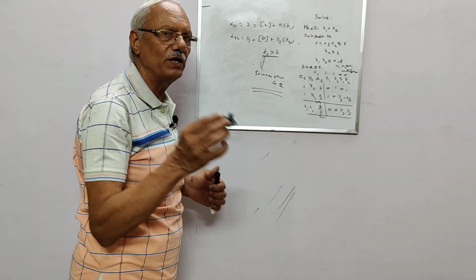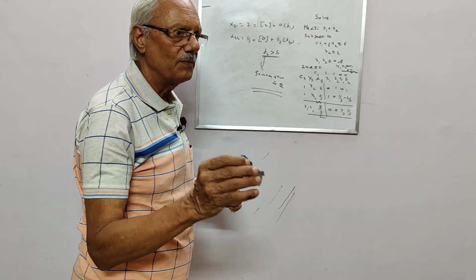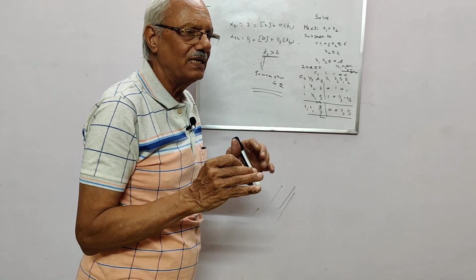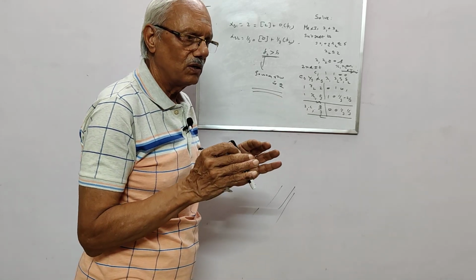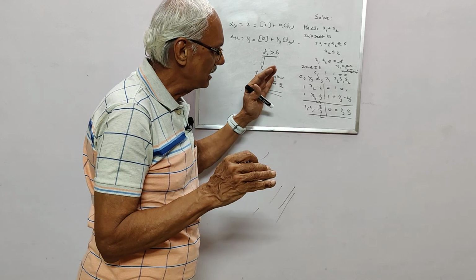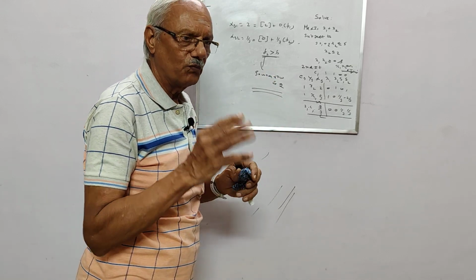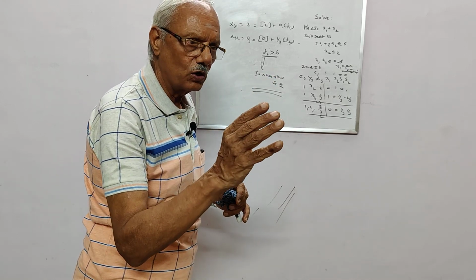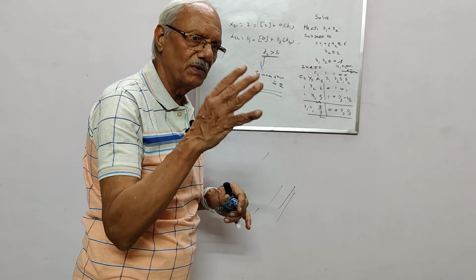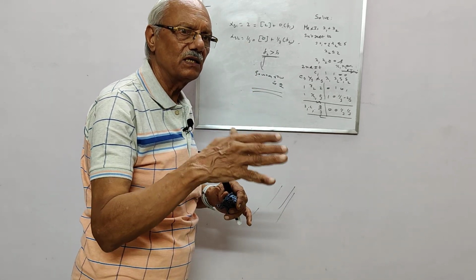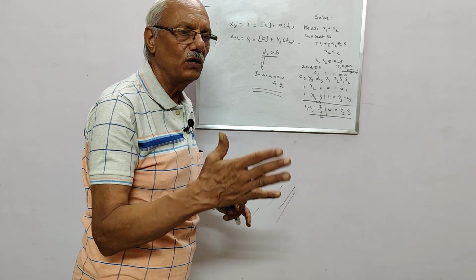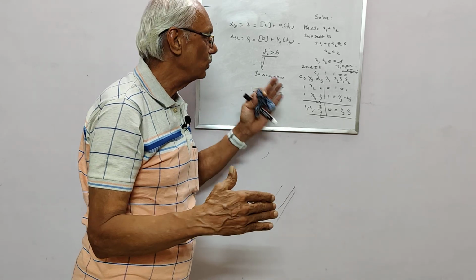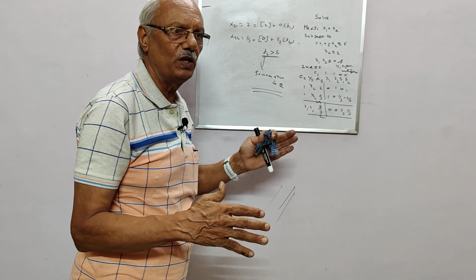Now I'll tell you how it should be done. Carefully watch and follow, because in these linear programming problems, once a method is taught, you have to follow the method again and again. You cannot deviate in any way. So I am going to teach you a method of doing it.